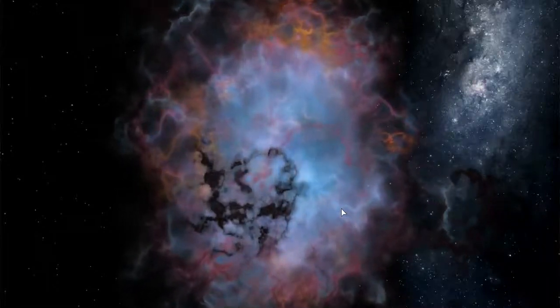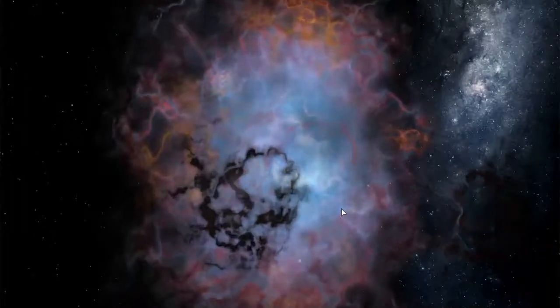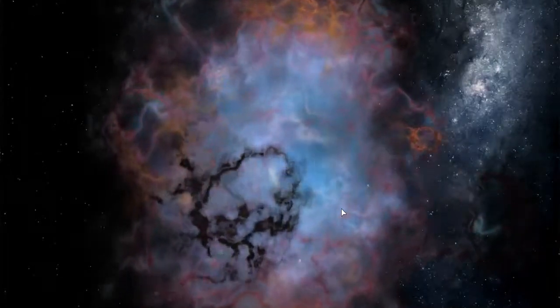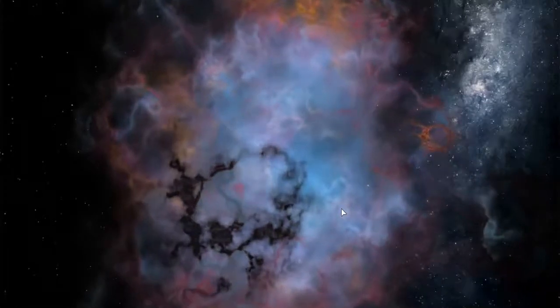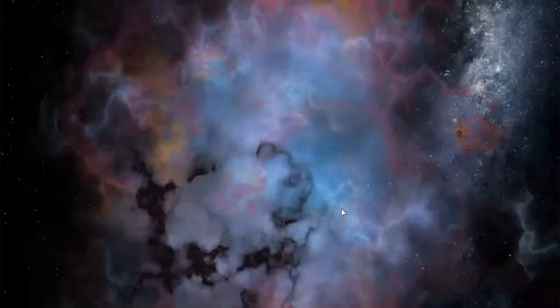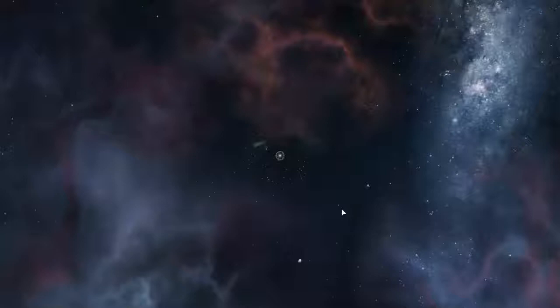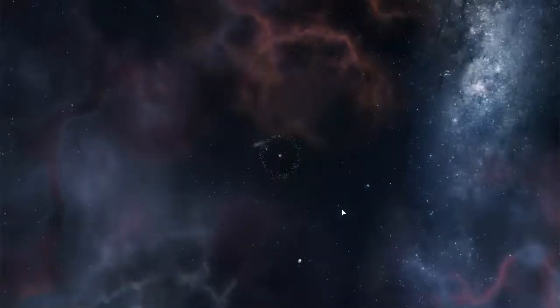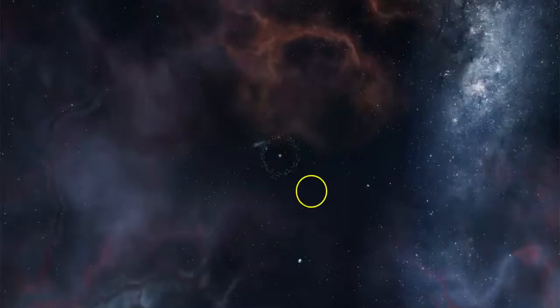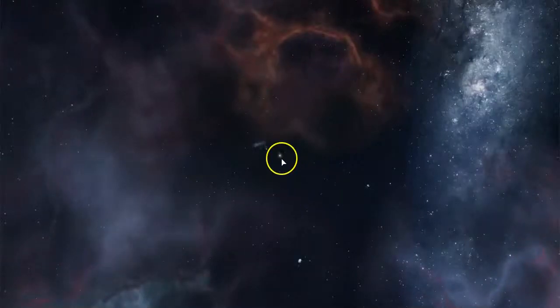This is just what's happening on the screen. I am going to zoom back in to our center. What happened? Our sun no longer is our sun, and now is the sun nova remnant.